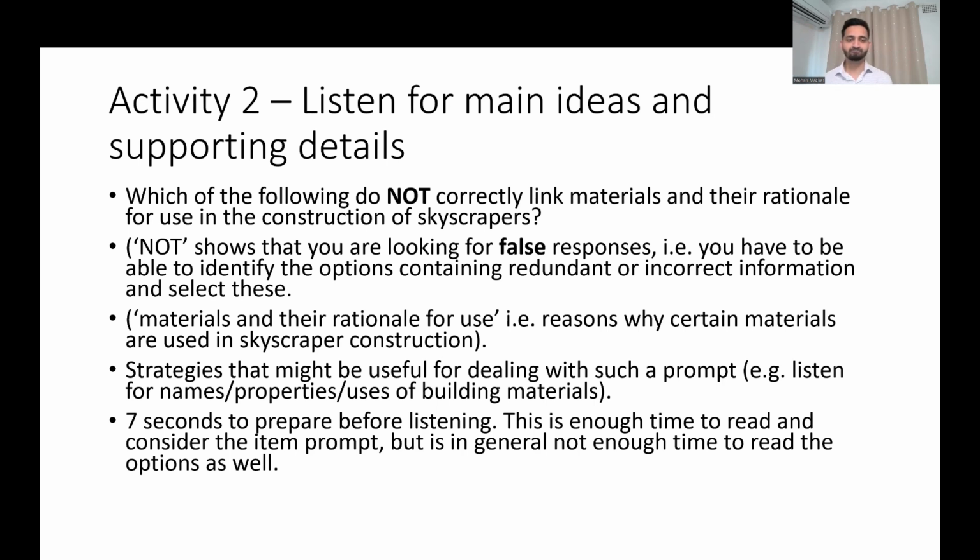All right. Material and their rationale for use. This is the key thing that you should be looking for. This is the main idea of supporting detail. Here we are focused on the supporting detail, which is the material and their rationale for use. That is the reason why certain materials are used in the skyscraper construction.